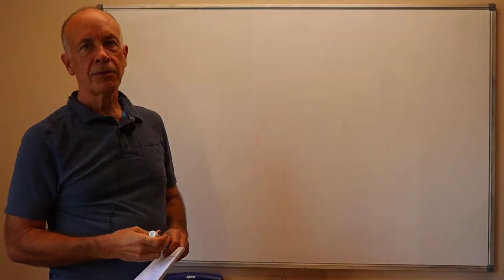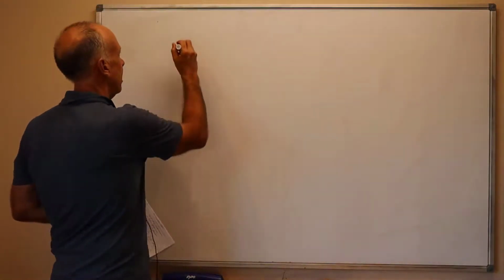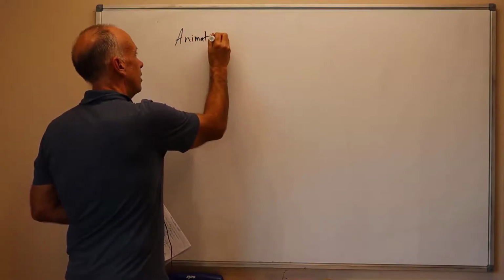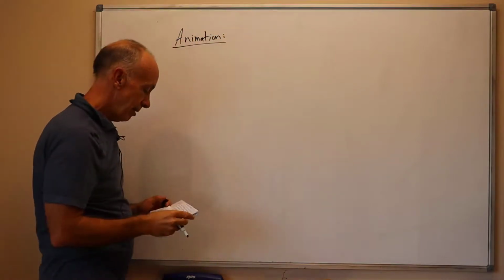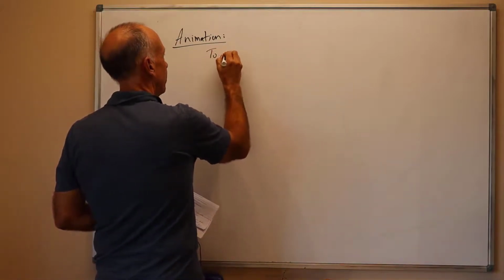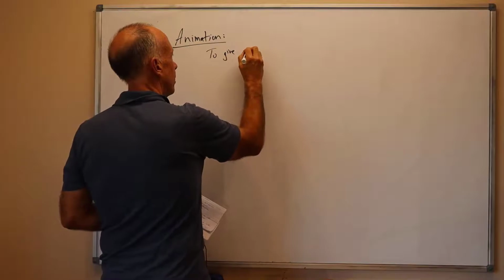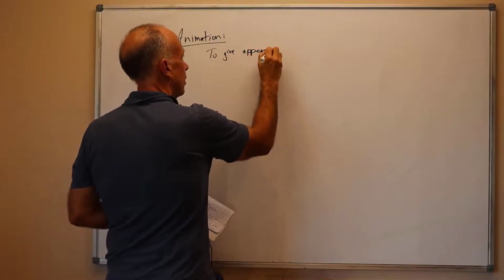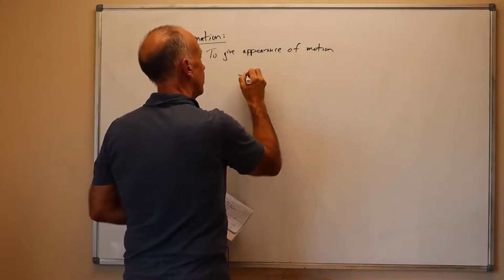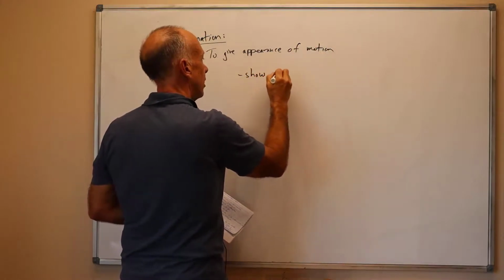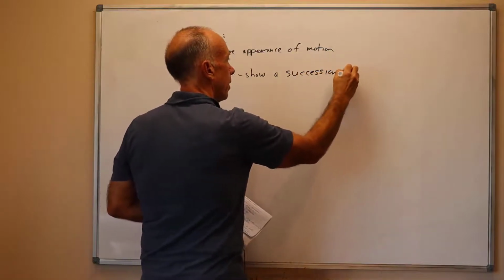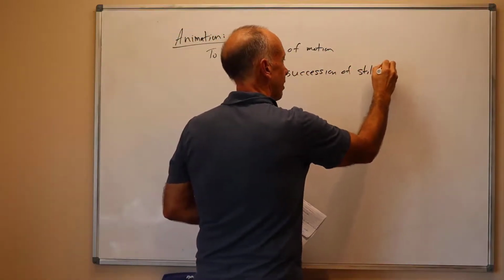So finally, on a somewhat unrelated topic, I want to talk about animation, how we give the appearance of things moving on the screen, or in movies, or whatever. So basically, to give the appearance of motion, we show a succession of still images changing very rapidly.